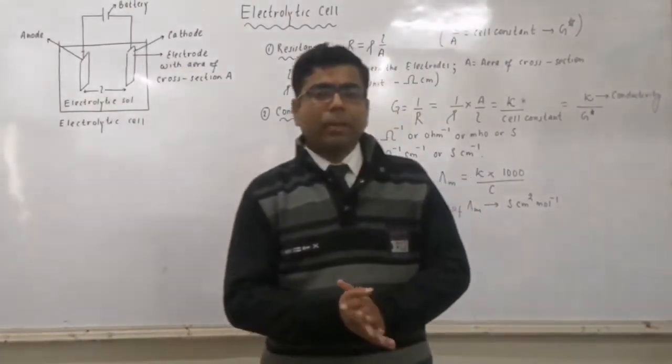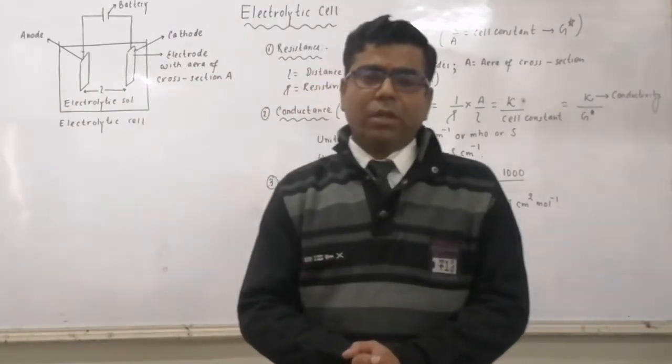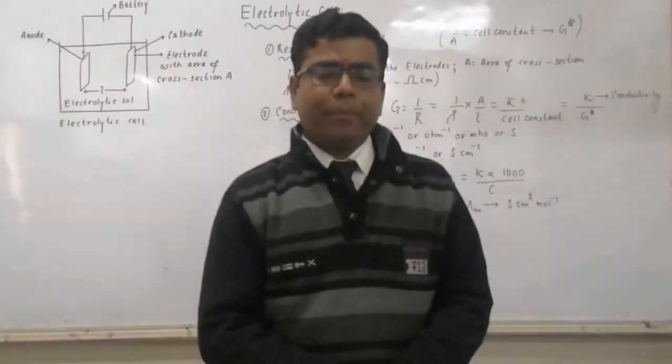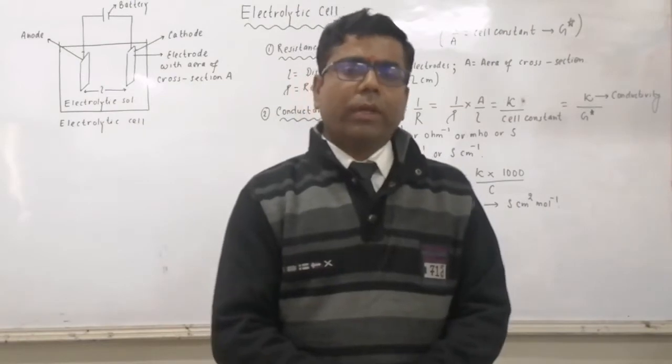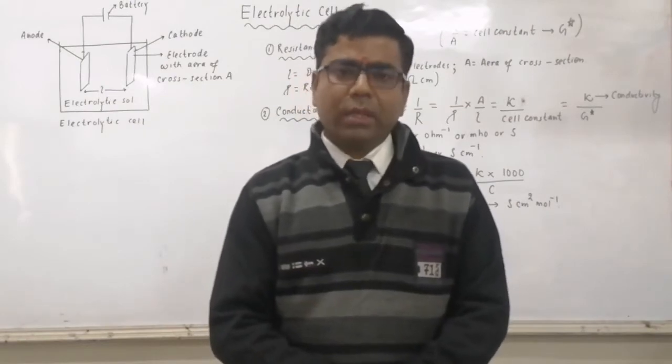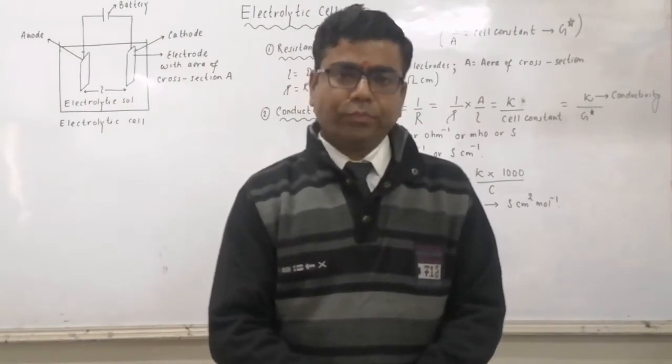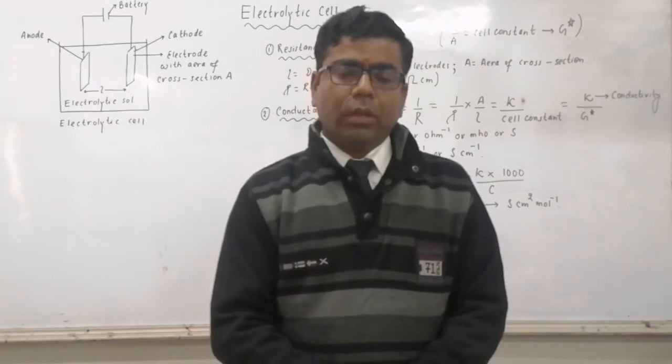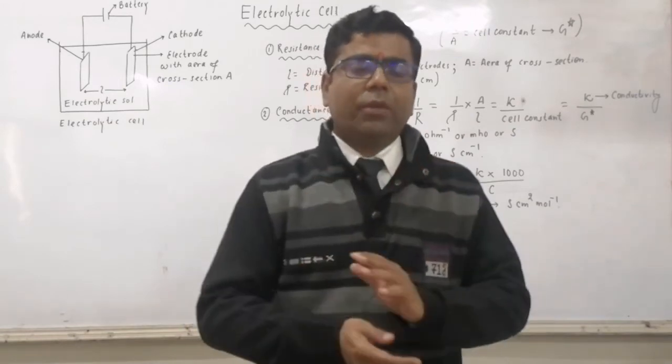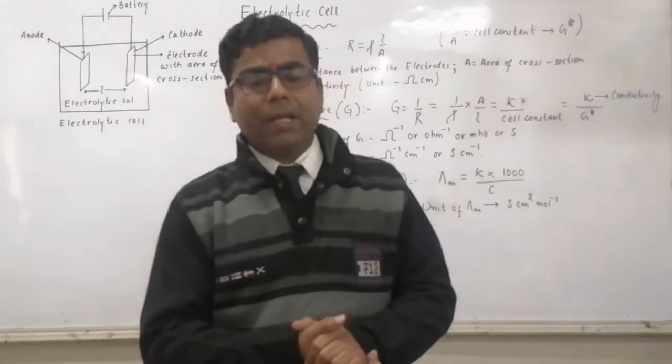Good morning, dear students. In today's lecture, we will talk about the electrolytic cell and some important formulae associated with it. There is a basic difference between an electrochemical cell and an electrolytic cell.